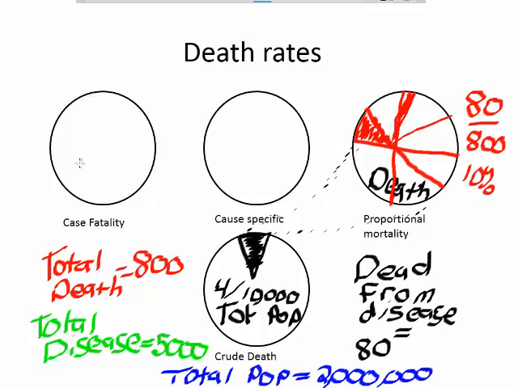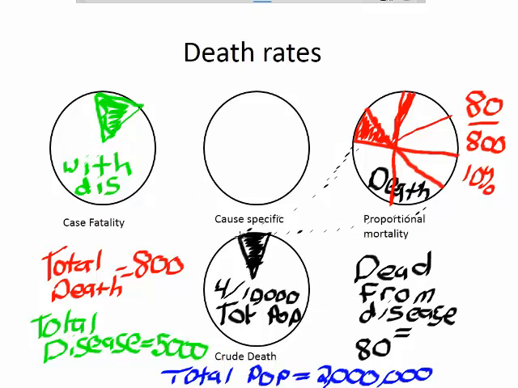So case fatality rate takes the people with the disease, and there's going to be some amount of people with that disease that die. If that circle represents everybody who has the disease, these 5,000 people, some of them are going to die. In this case, 80.